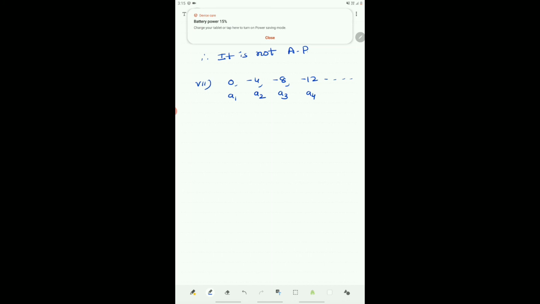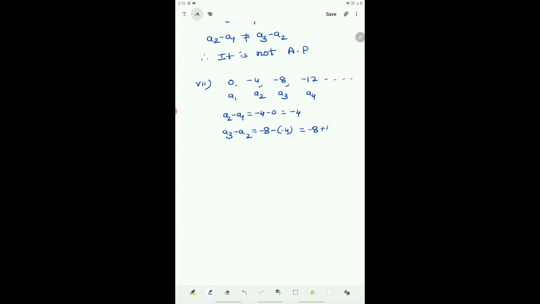Then find A2 minus A1, that is equals to minus 4 minus 0, so it is minus 4. And A3 minus A2, that is minus 8 minus of minus 4, which is minus 8 plus 4, minus 4. Here these two are same: A2 minus A1 is minus 4, A3 minus A2 is also minus 4.